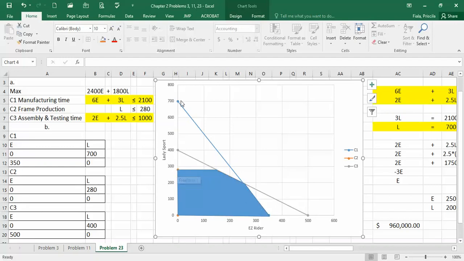Once I got my points, I drew my feasible region, and by looking here, it seems that the point that will provide the maximum amount is going to be right here. Therefore, if you look, this is constraint 1 over here, and this is constraint 3.